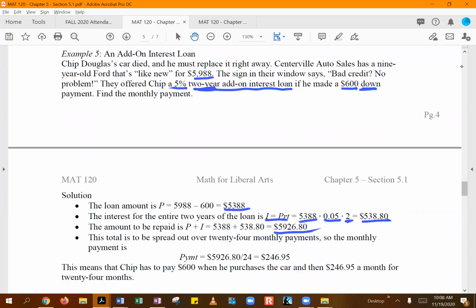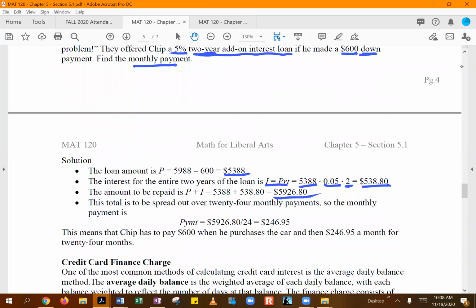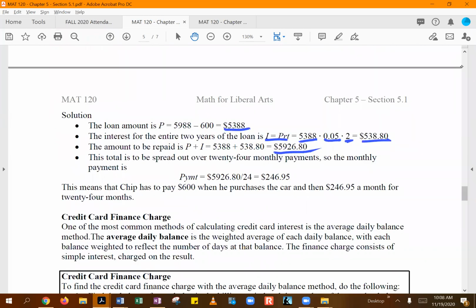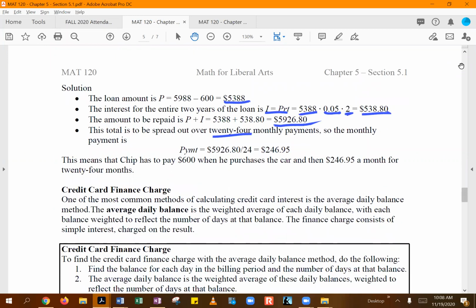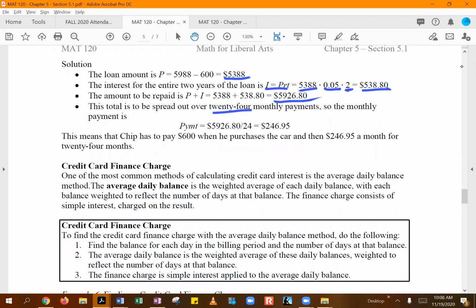And since we are talking about monthly payments, and this is a 2-year loan, that means he will make 24 payments over those 2 years. So we take our total amount, $5,926.80, divide by 24 months, and you end up getting a monthly payment of $246.95.